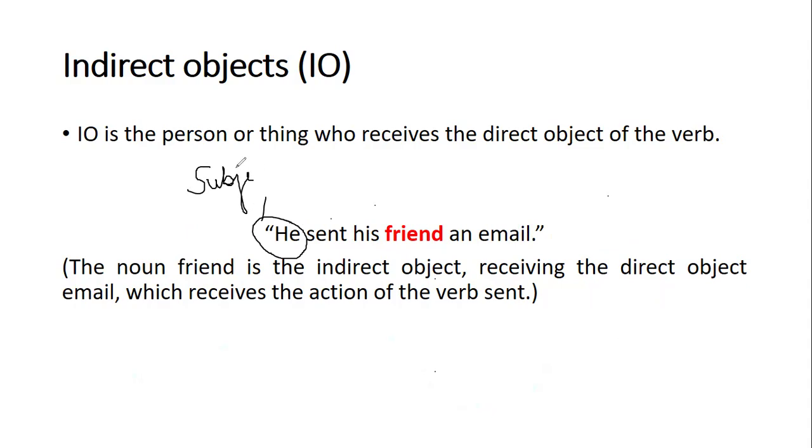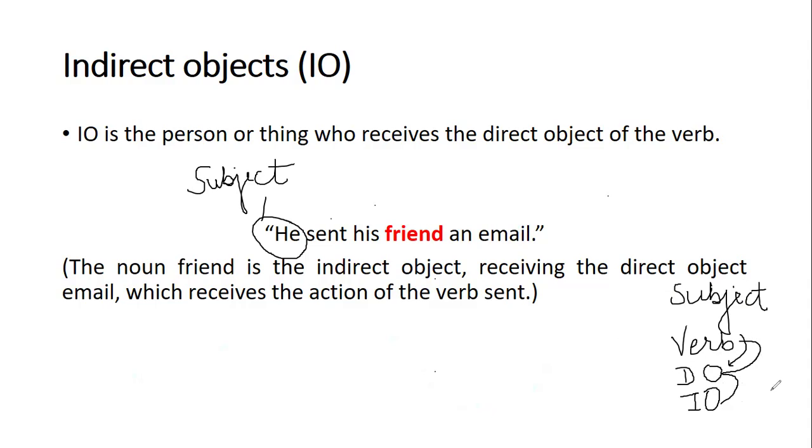Just a few minutes back, I told you our method of finding indirect objects. First, find out the subject. Next, find out the verb. Then find out the direct object, which is receiving the action of the verb. And then in the end, find out the indirect object receiving the direct object, which receives the action of the verb, right?